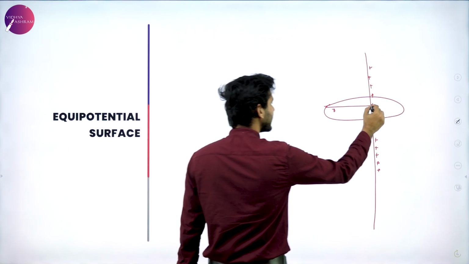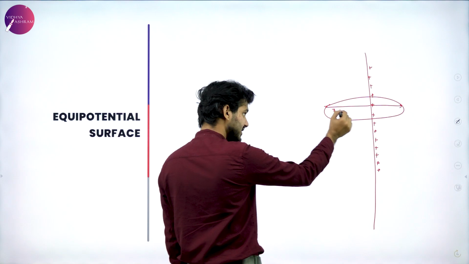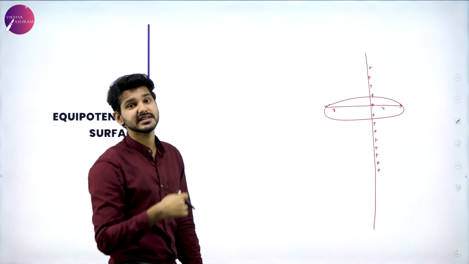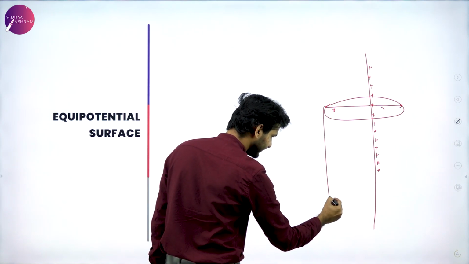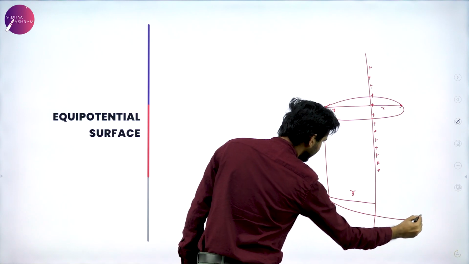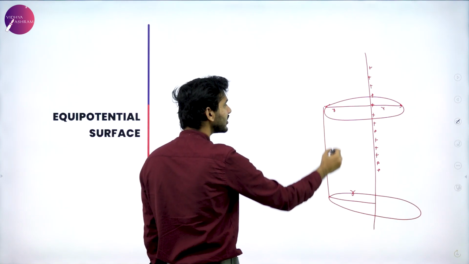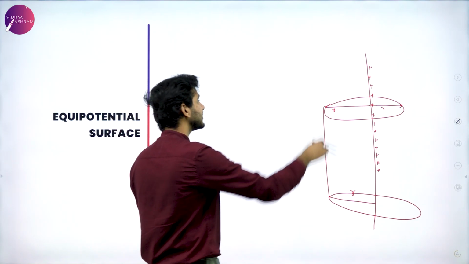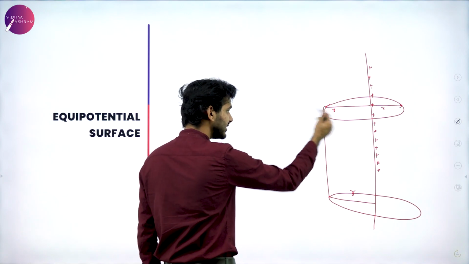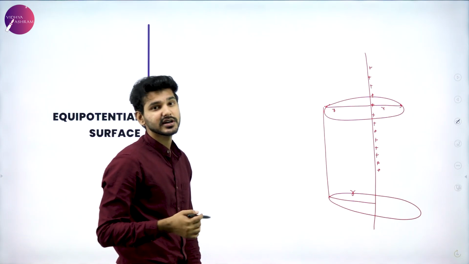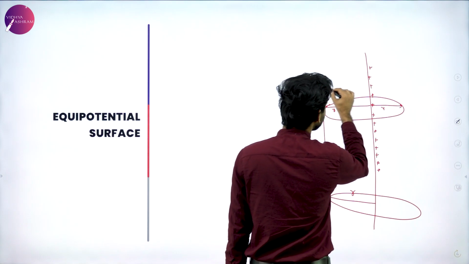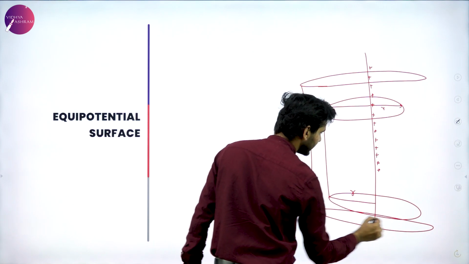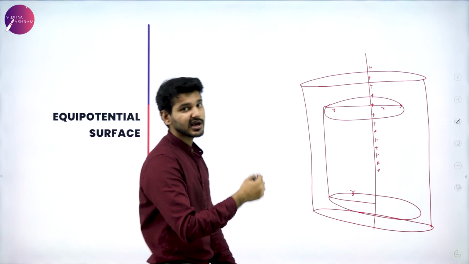Then anywhere along this circle with the radius r, the potential will be the same because the radius is r. As long as the charges remain unchanged and the distance is not changed, the potential will be the same. And if you want to consider another equipotential surface, choose a bigger radius and then you will have a bigger cylinder which will have equipotential surfaces along it.